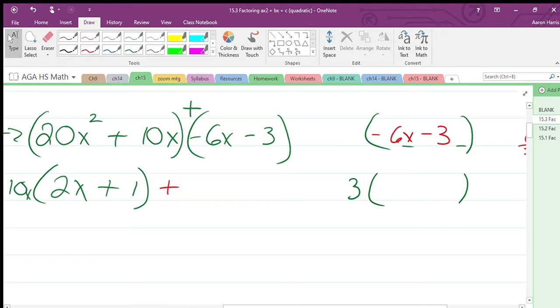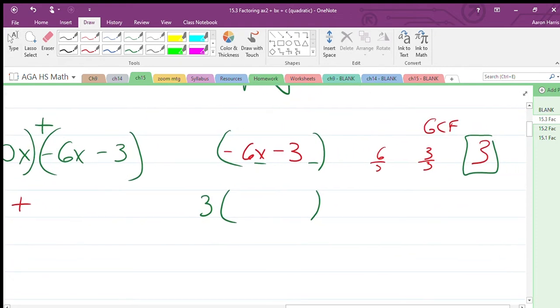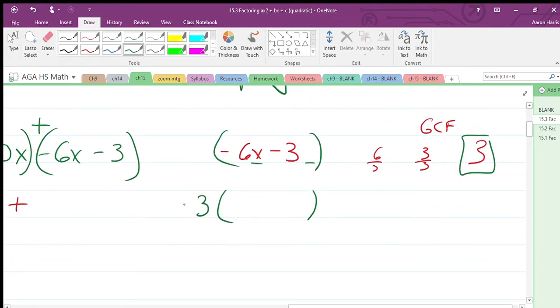Now, this is a positive 2. So in order to get that positive 2, I'm going to bring out the negative 3. So here we go. Divide each term by negative 3. Negative 6 divided by negative 3 is a positive 2. X divided by nothing, I get x. Negative and a negative is a what? Positive.